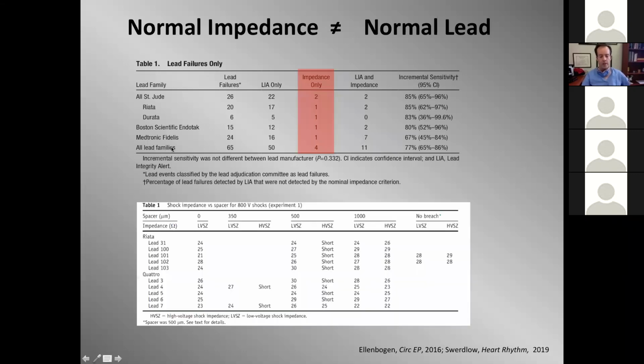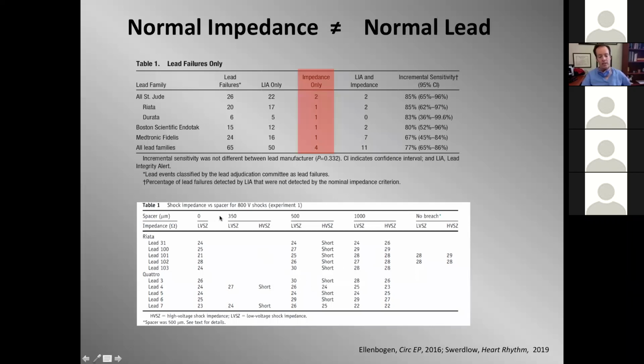this paper. More recently, Swerdlow and Kroll and co-workers did a nice set of experiments showing how you can be falsely reassured by a low voltage impedance check, like you would do when checking through the diagnostics, compared to a high voltage shock.